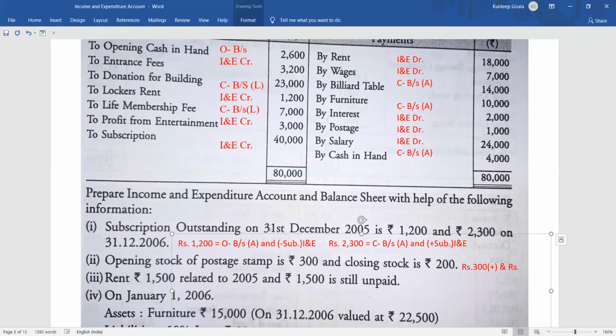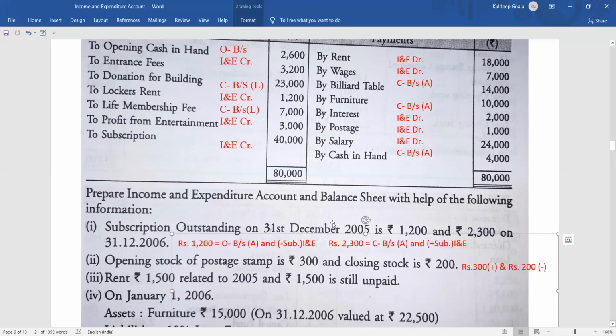And rupees 200 is a closing, isn't it? So this rupees 200 will be deducted, because this year we have not used it, we are going to use it next year, so it will be deducted from this year's amount.